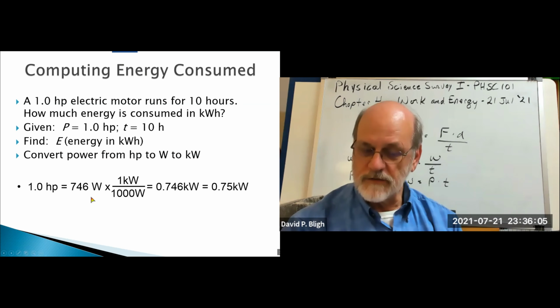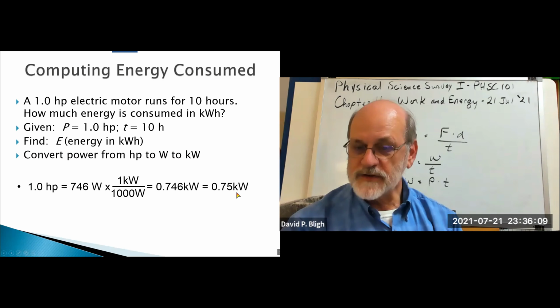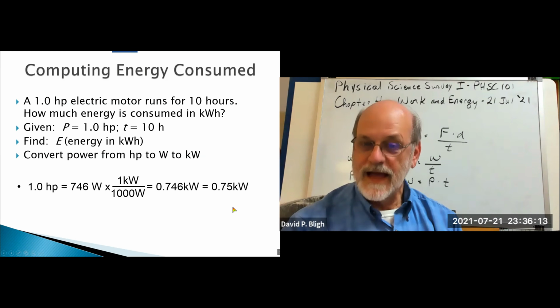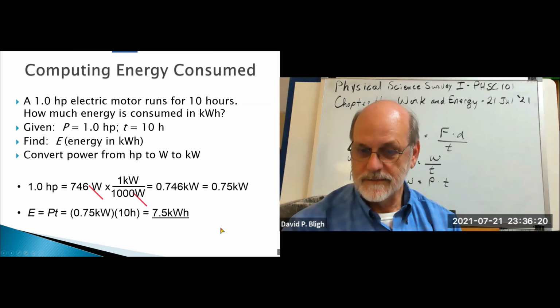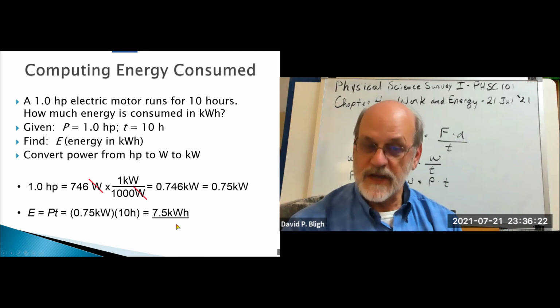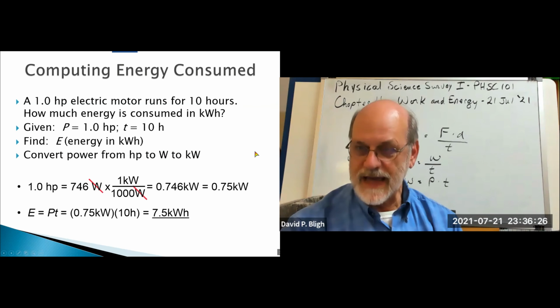So once we do the conversions, we find that 1 horsepower is 0.75 kilowatts. And 0.75 kilowatts for 10 hours is 7.5 kilowatt hours. So that's how much energy is required to run that 1 horsepower motor for 10 hours.